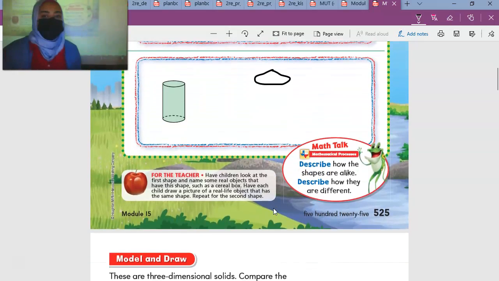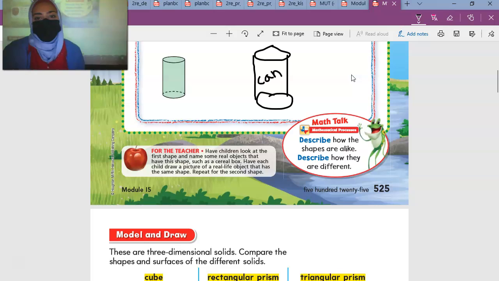Maybe like that, okay? And then another oval at the bottom. And then you just draw a line to connect both ovals. Okay. And this is a cylinder. We said a can, so we can write can in the middle. Okay? All right, moving on.